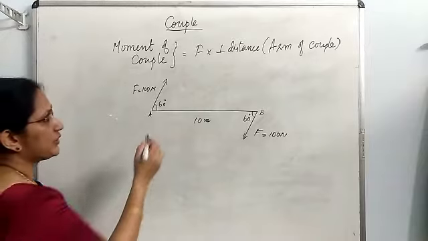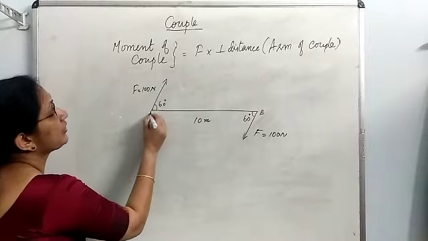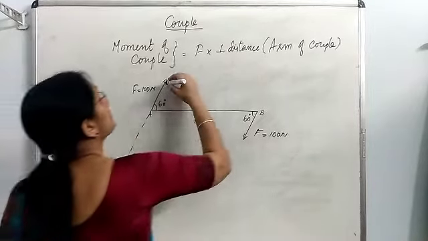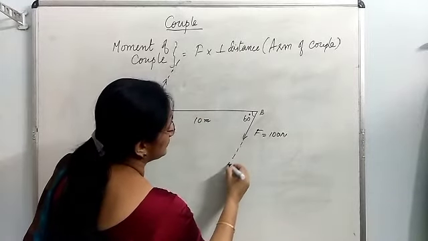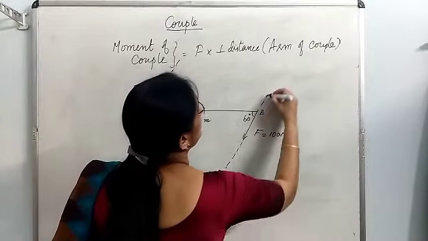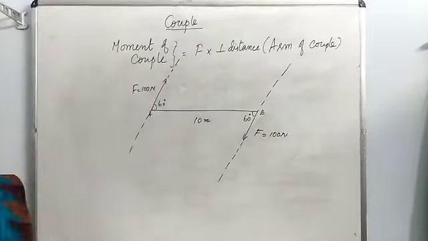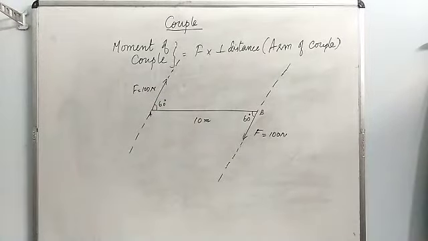In that case, what you have to do is draw the line of action of both the forces. These two dotted lines are the lines of action of the forces.